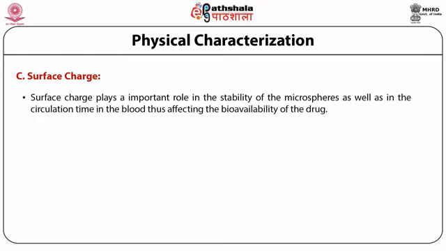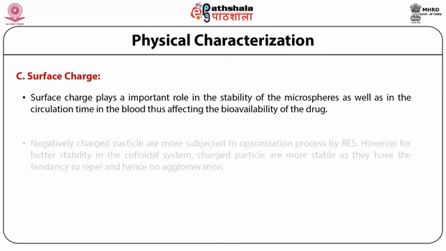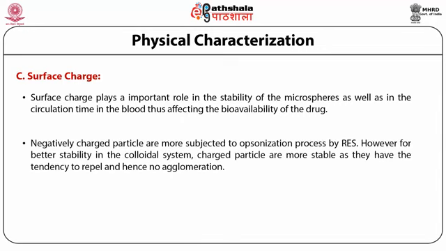Physical characterization. Next parameter is surface charge. Surface charge plays an important role in the stability of the microspheres as well as in the circulation time in the blood, thus affecting the bioavailability of the drug. Negatively charged particles are more subject to the opsonization process by the RES system of the body.